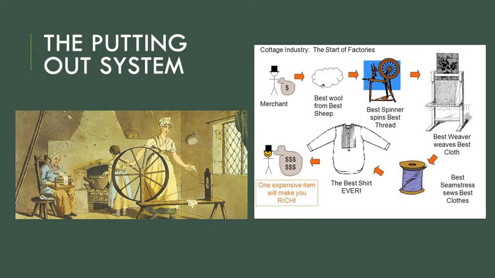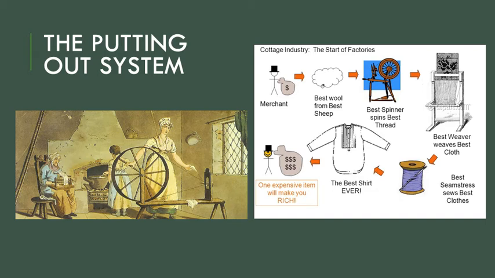So the merchant would buy the wool from a sheep farmer, take it to a spinner, pay someone to spin it into yarn, take the yarn to a weaver, pay that weaver to weave it into cloth, take that cloth to the seamstress, have the seamstress make the clothing, and then they would sell the clothing in the city, right, at a high price, because everyone else in the process is getting paid very little, but then the merchant sells it in the cities at a high price. And that's called the putting out system or the cottage industry.